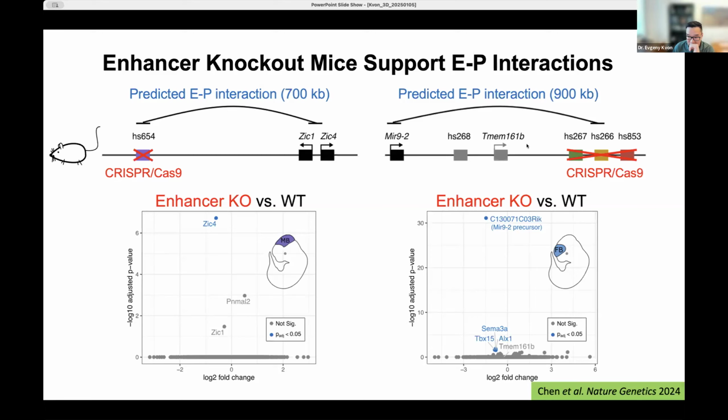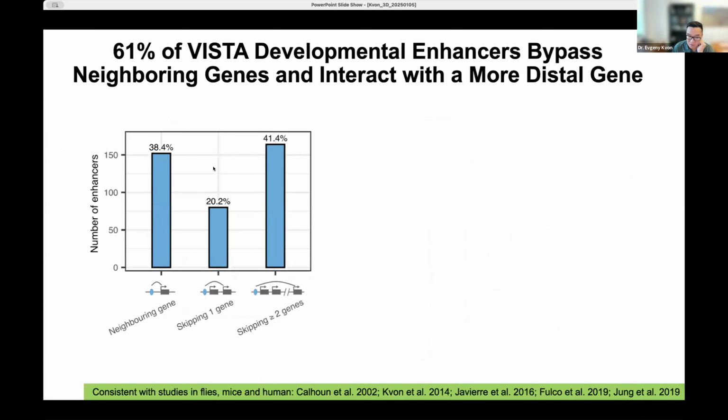This scenario where enhancers bypass their immediate neighbor gene is actually pretty common. In fact, more than 60% of all enhancers that we assessed do not regulate their immediate neighboring gene. They bypass their neighboring gene to regulate a more distal gene.